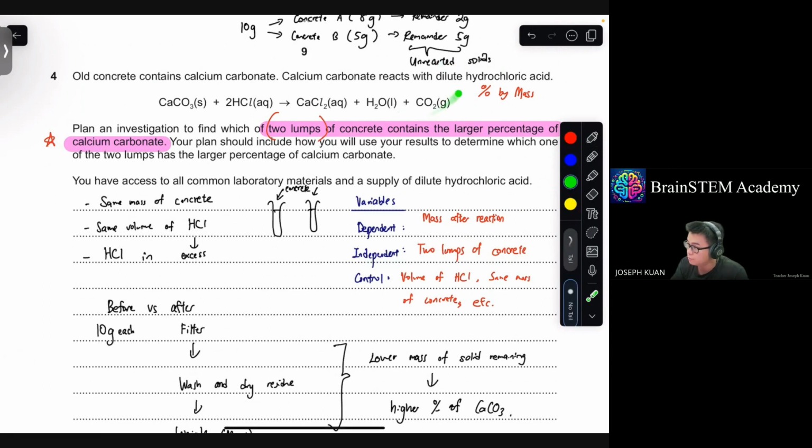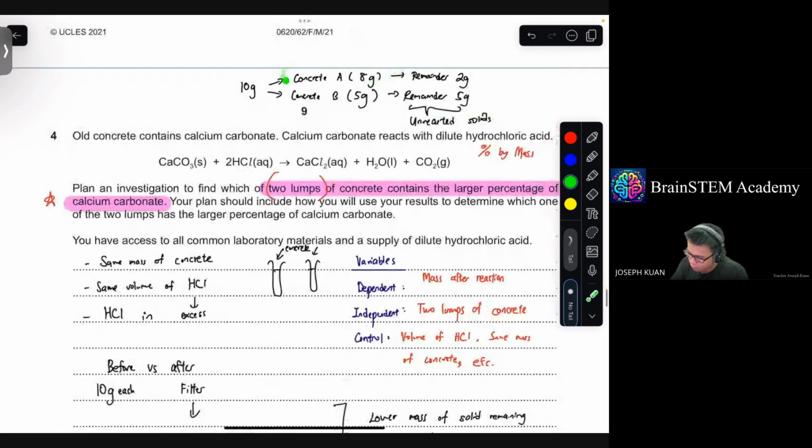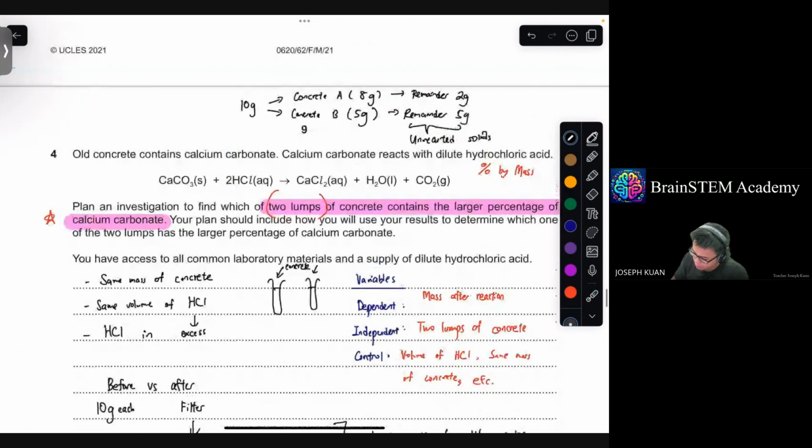Carbon dioxide gas forms. If this concrete contains more calcium carbonate, it means that more carbon dioxide is going to form. So you can use a gas gauge to know that. So you can talk about more carbon dioxide formed, and then essentially measure both of them and lead that to your conclusion.